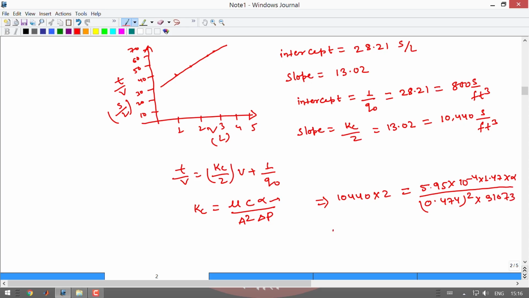So, you will get a specific cake resistance equal to 1.66 into 10 power 11 foot per unit pound. This is the first part.